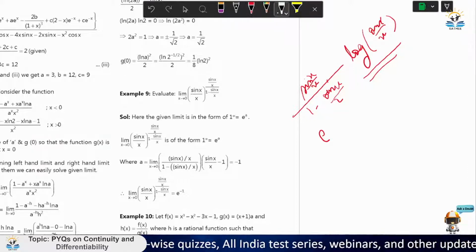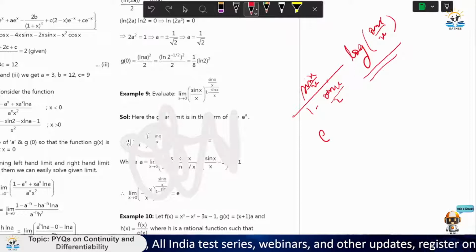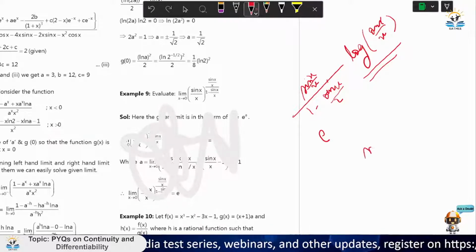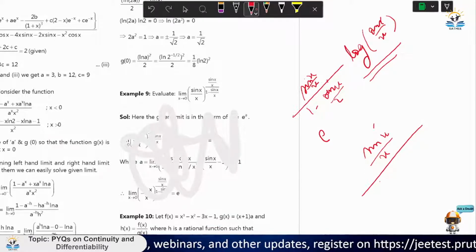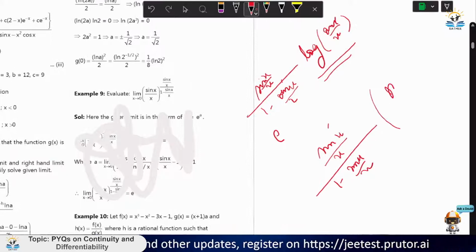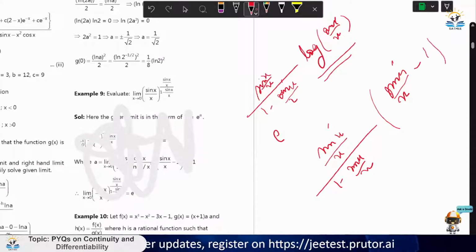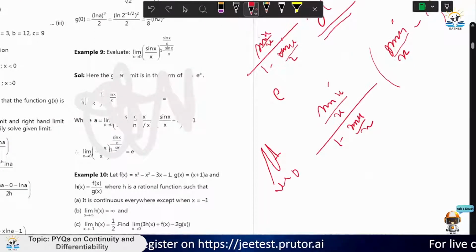You can take some help, but not for the basic idea of it. So this is (sin x by x) divided by (1 minus sin x by x) into (sin x by x minus 1), and the limit x goes to 0.